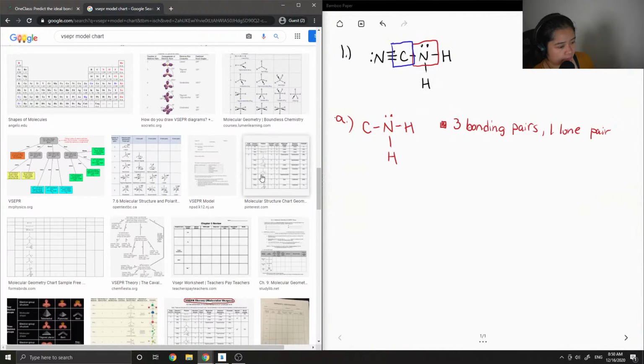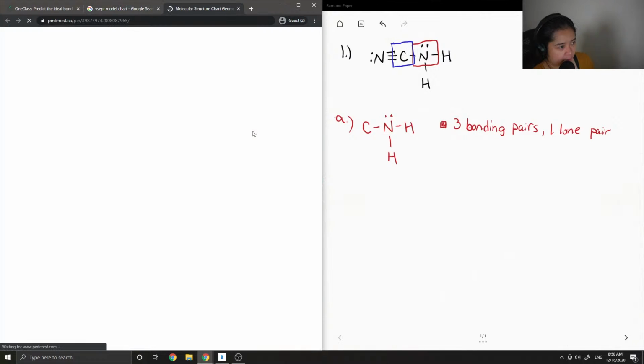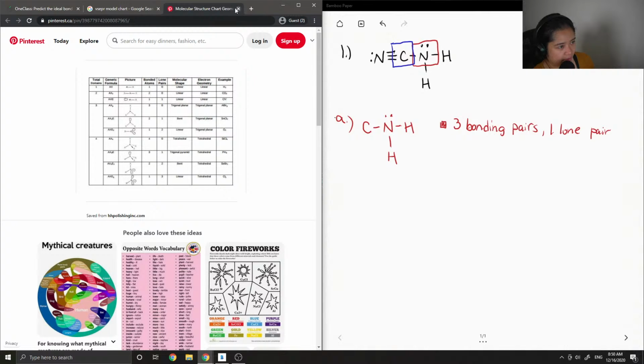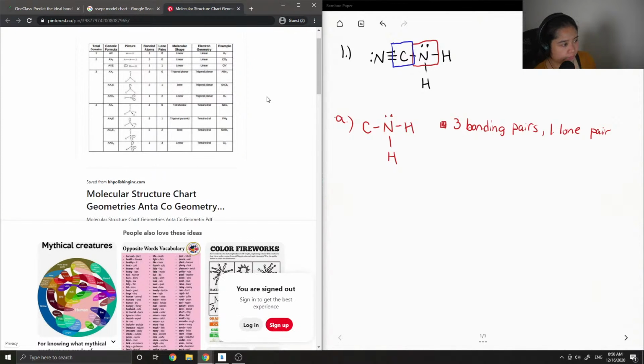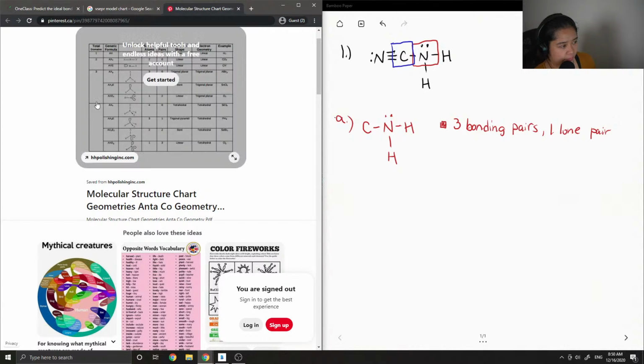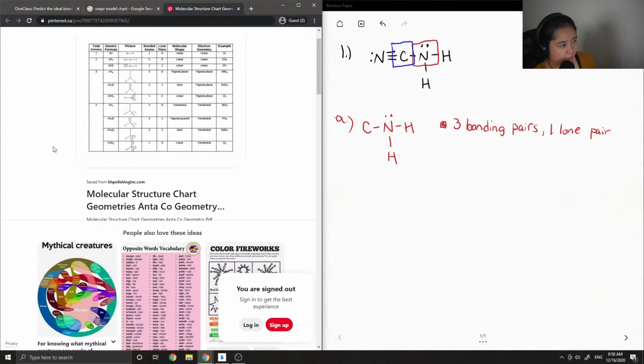Let's try this one even though it's small. Okay, so basically the chart looks like this. They have the total domains, the generic formula, and a diagram of what it might look like. There's a column that says how many bonded atoms it might have, how many lone pairs it might have, and then it gives the molecular shape, electron geometry, and example.